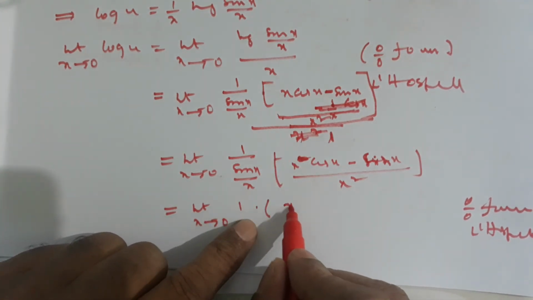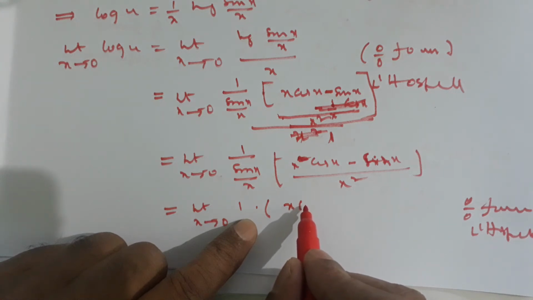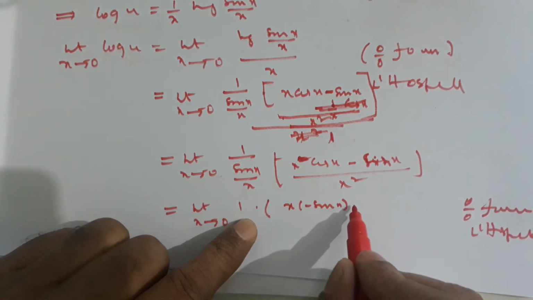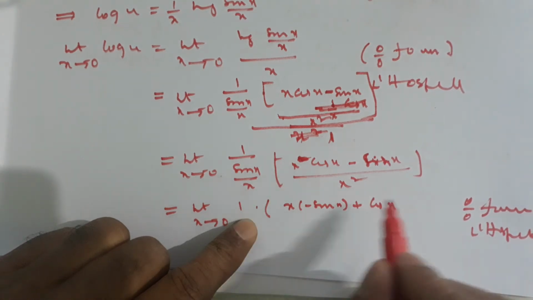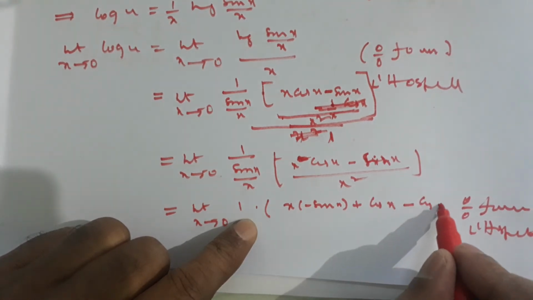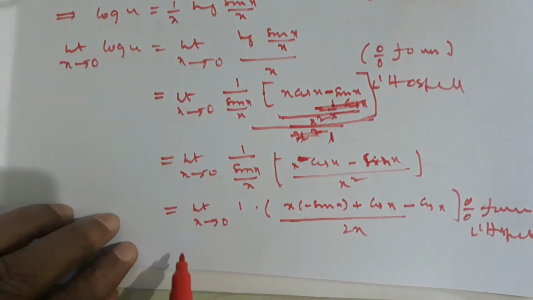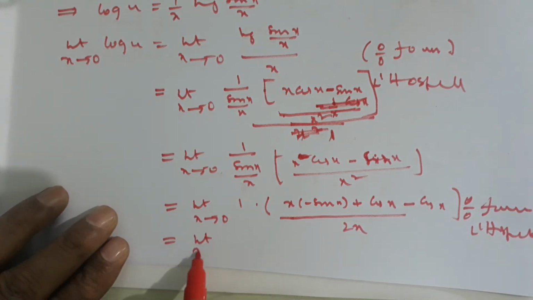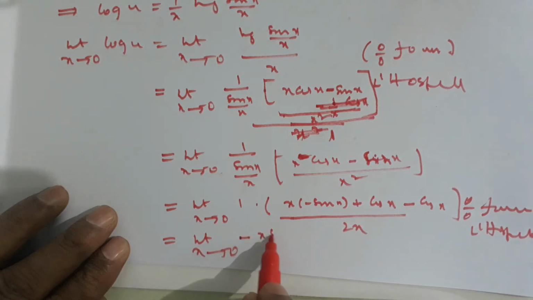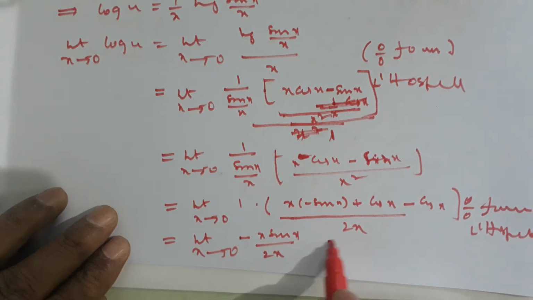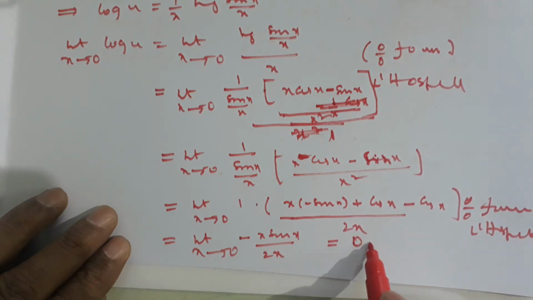So x into minus sin x plus cos x minus cos x, whole divided by 2x, is equal to limit x tends to 0 of minus x sin x divided by 2x. This value is 0, that is 0 into 1 by 2, equal to 0.